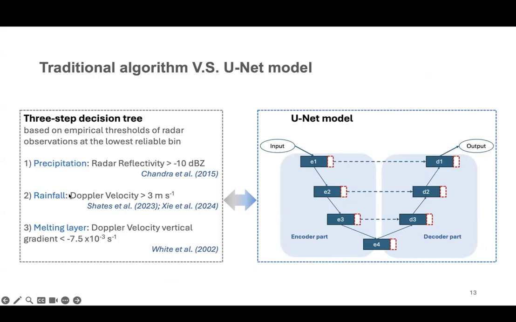And then when we know that there is rainfall, we use Doppler velocity to do the phase identification. And the last step is melting layer identified by this Doppler velocity vertical gradient threshold, first applied by White et al.